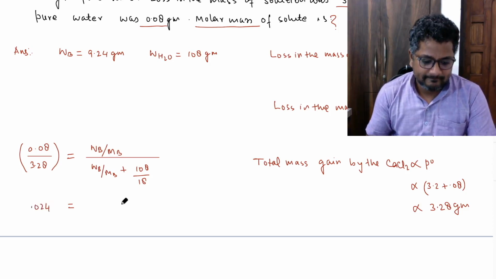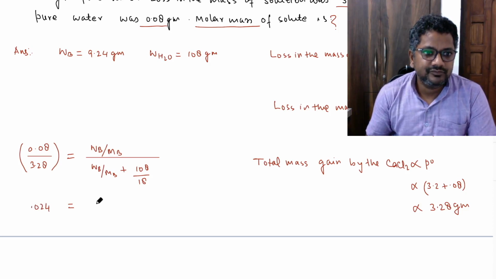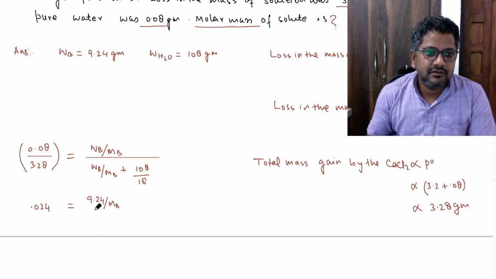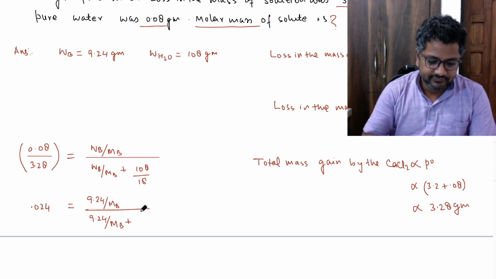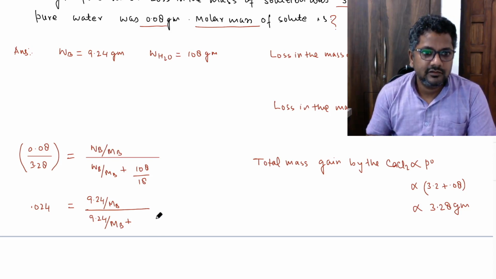So 0.024 is equal to 9.24 divided by MB, divided by 9.24 divided by MB plus 108 divided by 80, which is equal to 6.